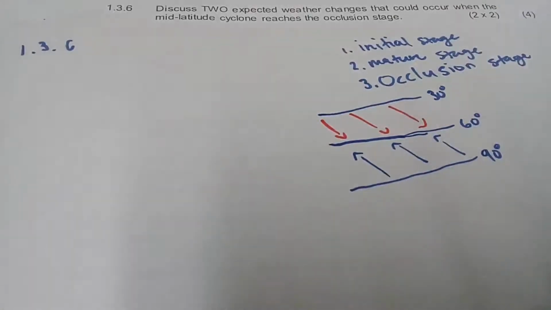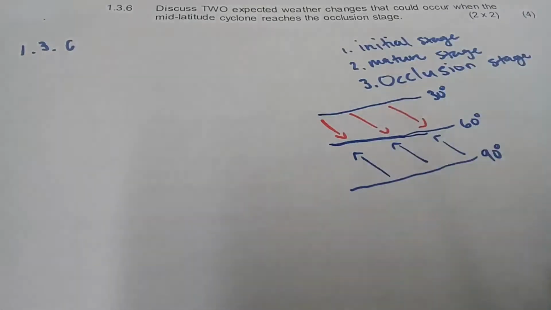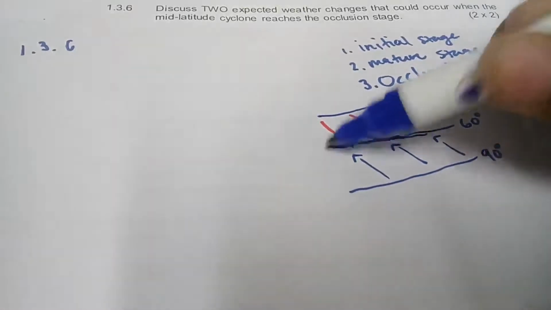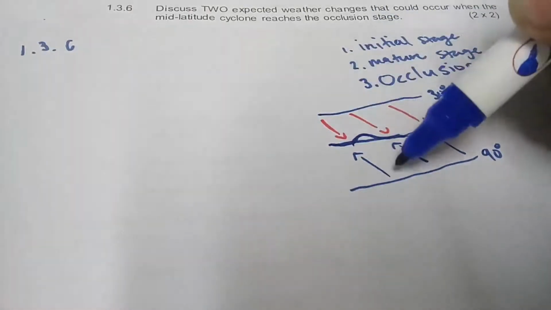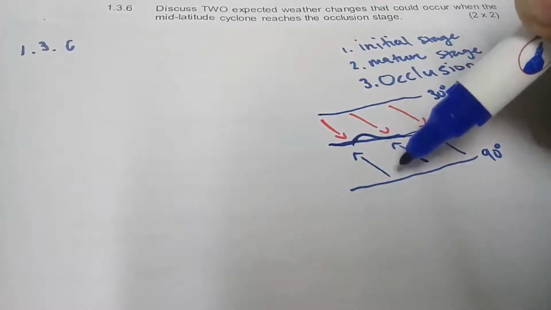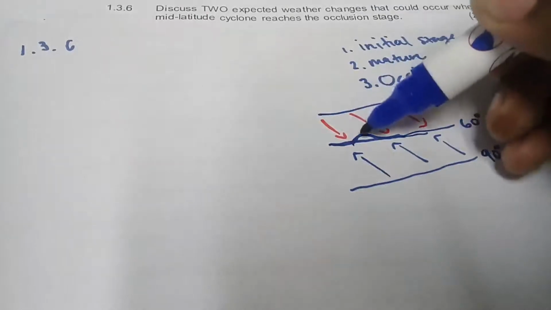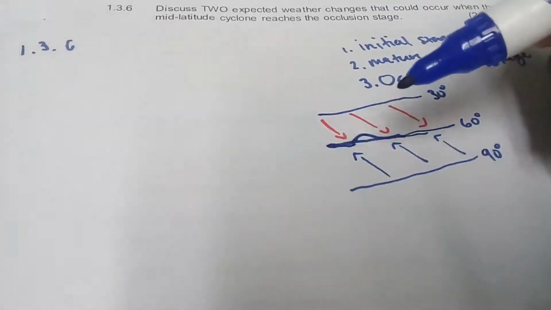And therefore, as I've said, this is part of the initial stage. They're going to cause a bend here. The warm air is going to be forced to rise by the polar easterlies, and after it has risen, it's going to form cumulonimbus clouds.